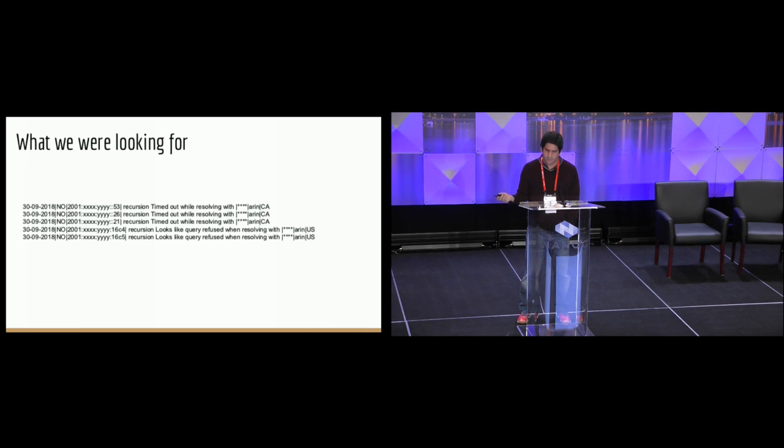What were we looking for? This is the type of results that we have. You can see, at least yesterday when I did this, a couple of ARIN results from Canada and from the US. I only took servers that we were able to find that were closed.